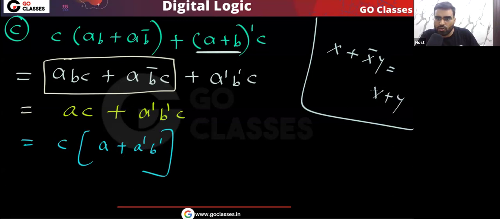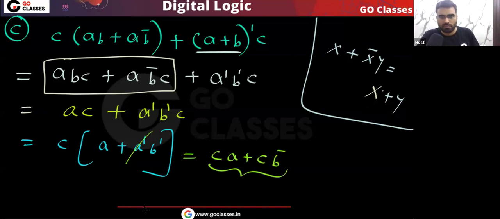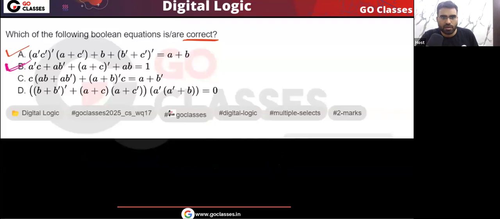This is an important law. So here also A or A bar B, you can cancel this A bar, and you will get CA or CB bar.